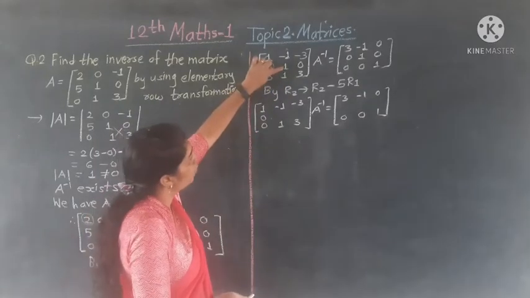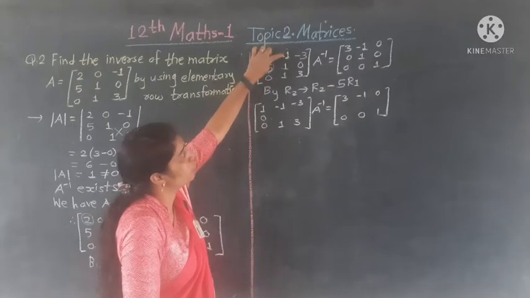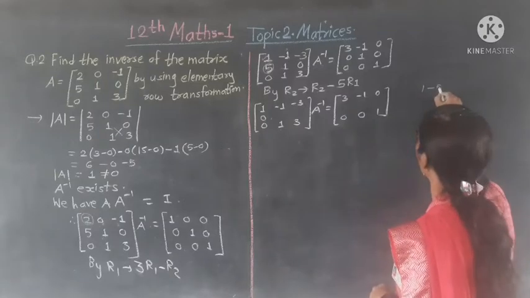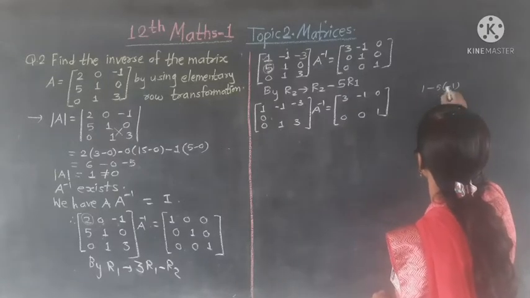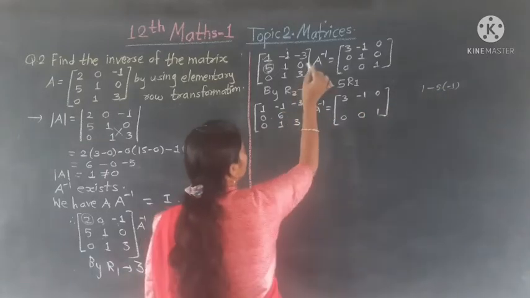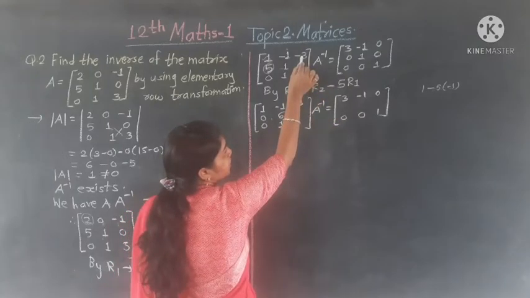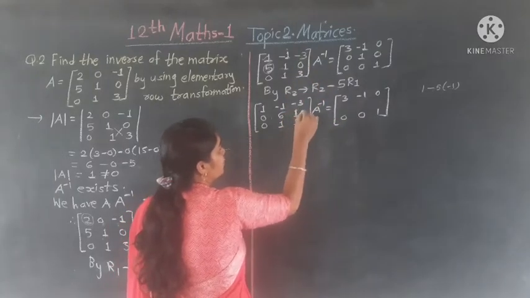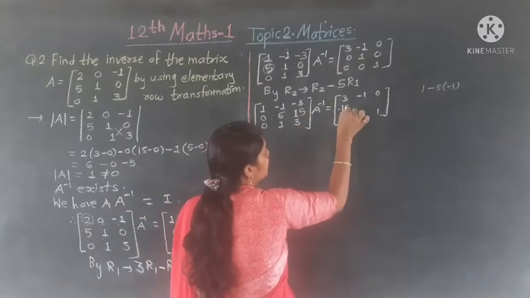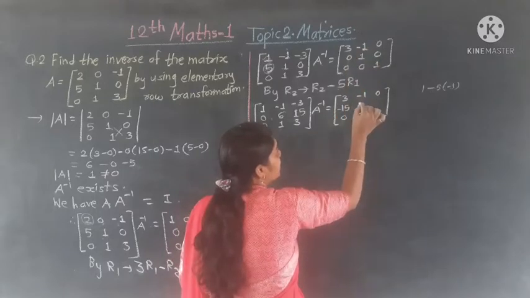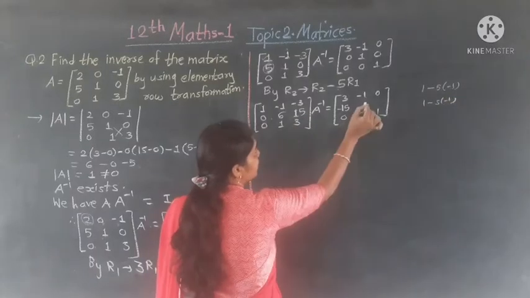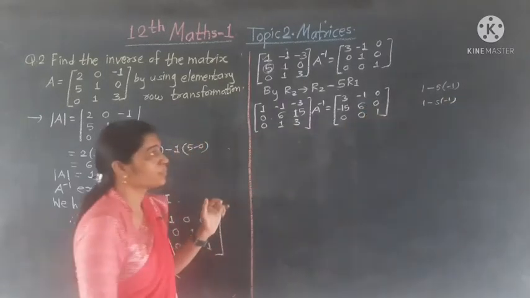R2 means 1 1, and multiply this by minus 5. See what happens. R2 means 1, minus 5 into minus 5, minus minus plus 5, plus 1, 6. 0 minus 5, 5 threes are 15, means here 15. Here 0 minus 15, minus 15. 1 minus plus 1, minus 5 into minus 1 means here 6 and here 0.